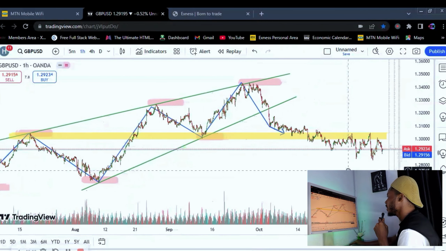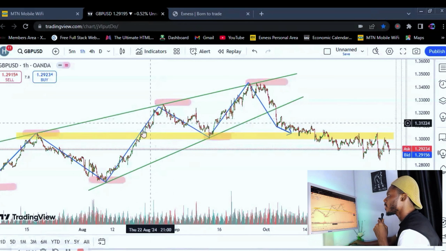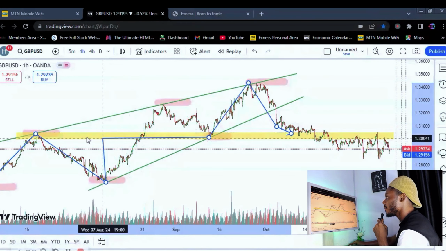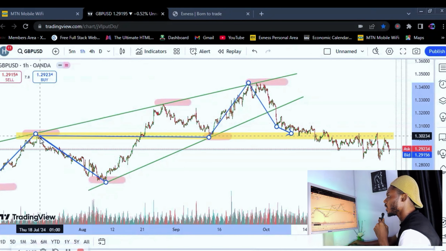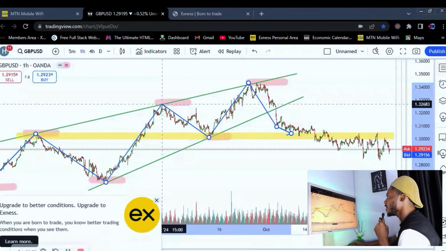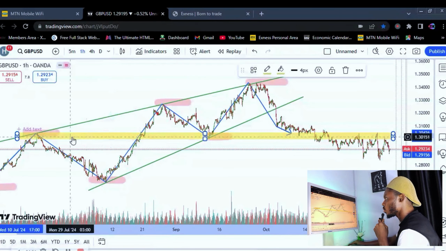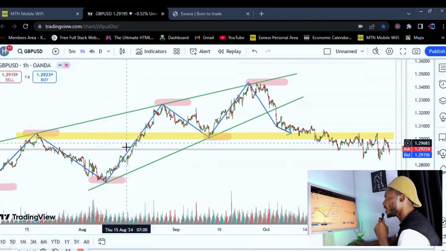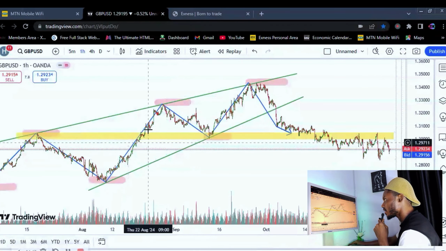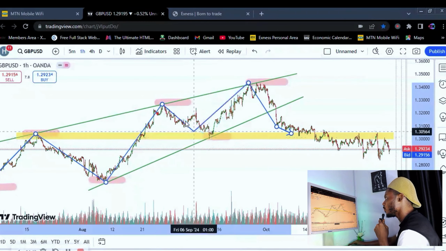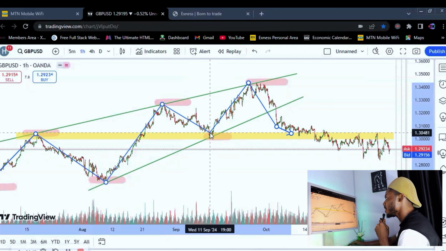Now what happened here is when price actually pushed down here, price came out and broke out of this particular resistance here. So this resistance became the support. Now this was supposed to be our resistance. This particular yellow line here was supposed to be our resistance, but it has changed to a support because price has already broken out of the resistance and now it's a support.